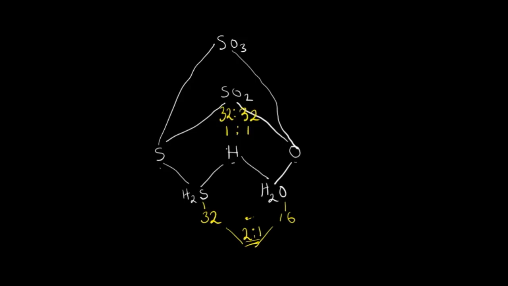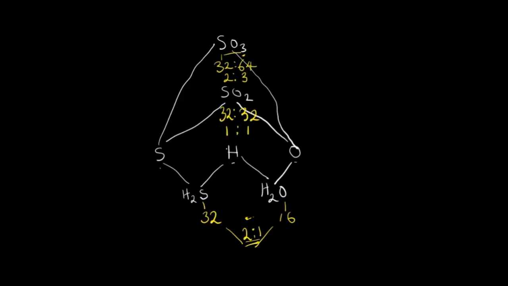So let's look at this. The atomic mass of sulfur here is 32. We now have 16 times 3 for that of oxygen to give us what? 48. 32 by 16 will give us 2, and 48 by 16 will give us 3.